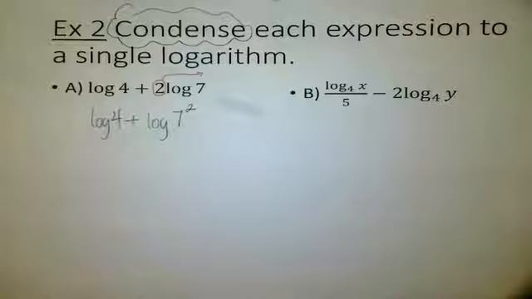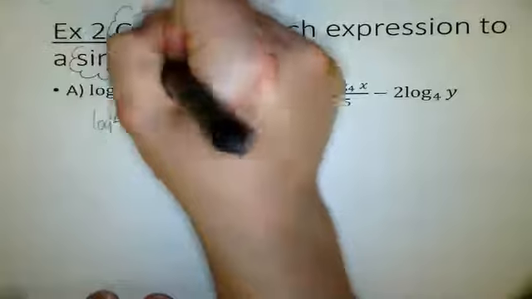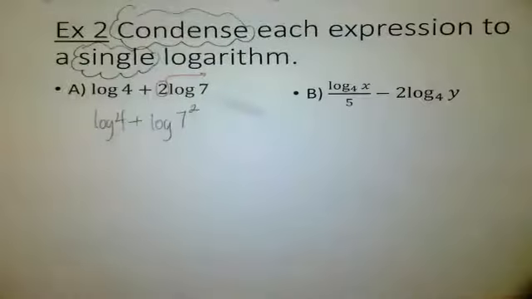And now the directions are actually very important. Once you've moved your powers, then all we have to do is think, is this the product property or the quotient property? Based on, are there positives or negatives? And we only want a single logarithm. How many logarithms should I write in my answer? 1.